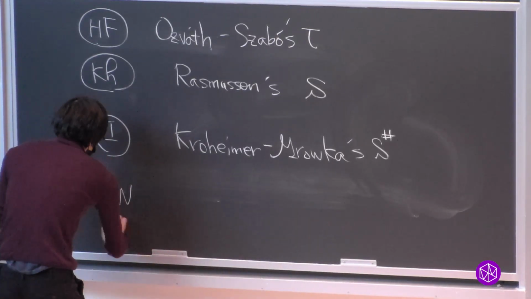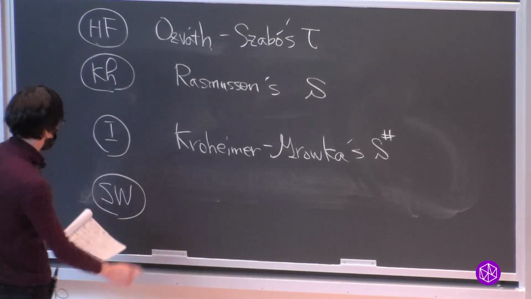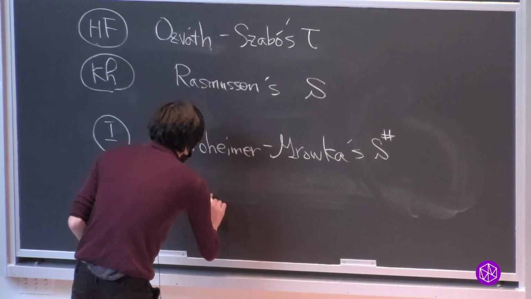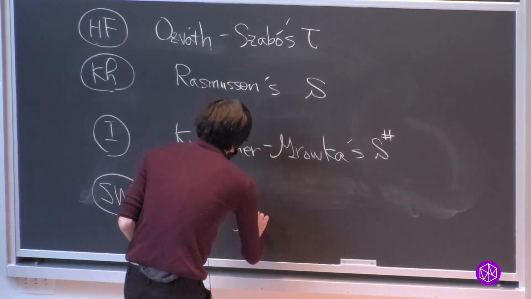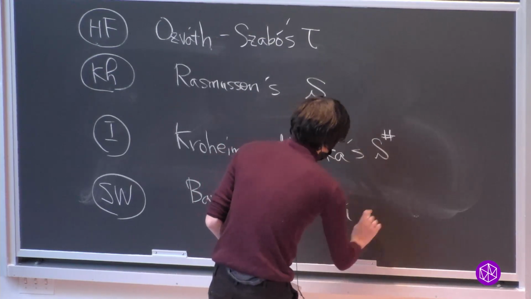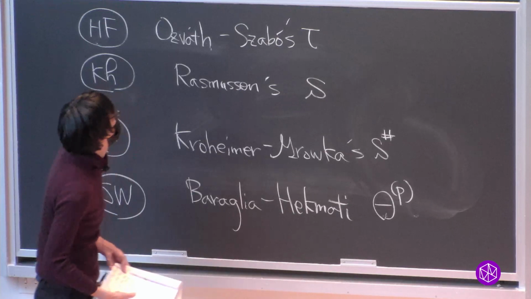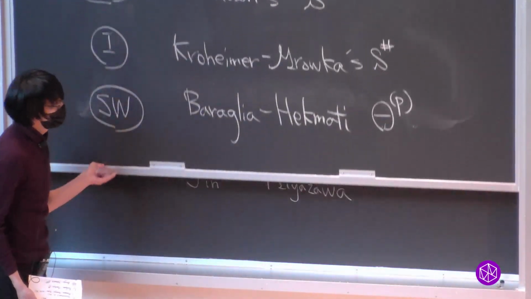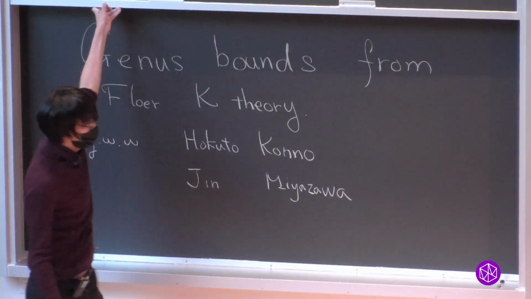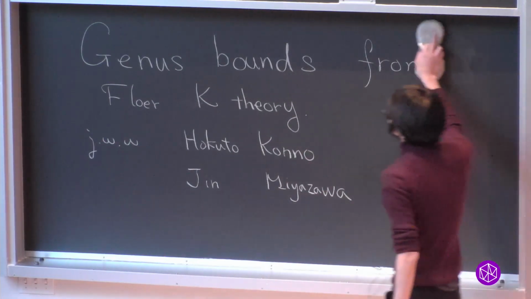And recently, on the Seiberg-Witten side, it's a kind of equivariant Seiberg-Witten theory for branched covers. Baraglia and Hekmati gave the family of invariants called theta p. And that also gives the lower bound for negative definite manifolds.